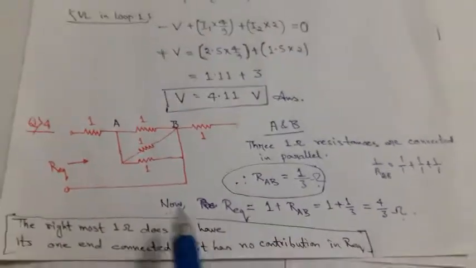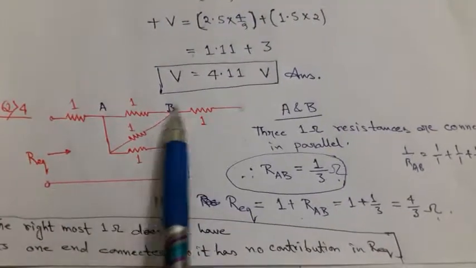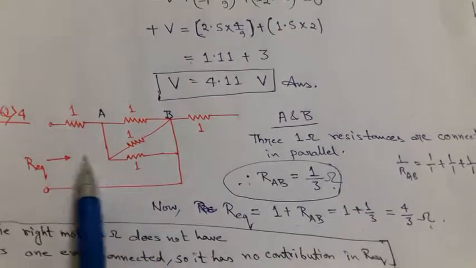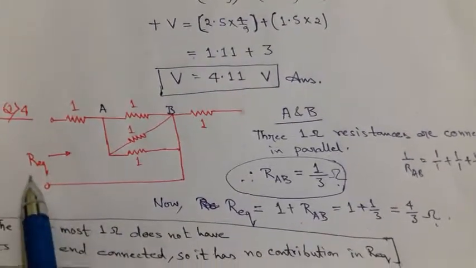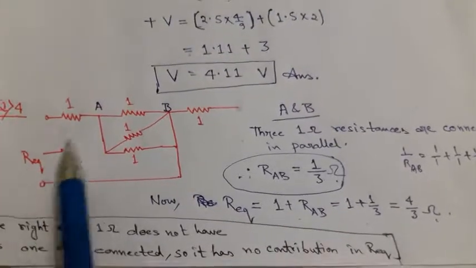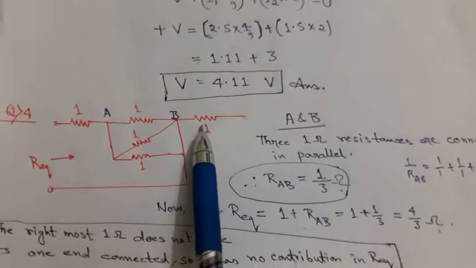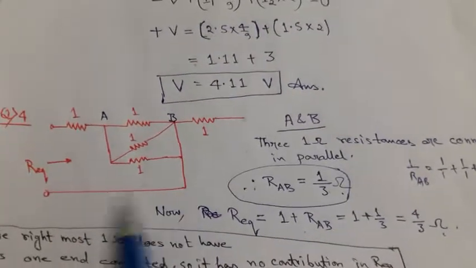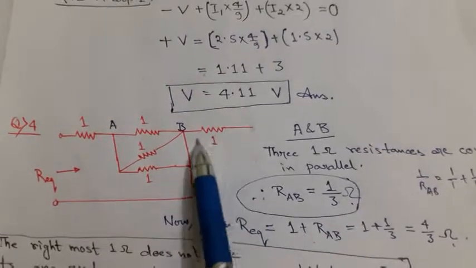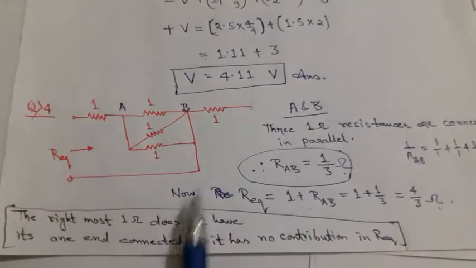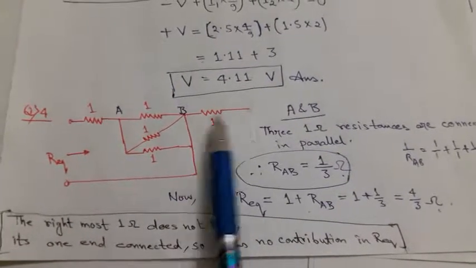Okay, so never get confused when this type of question is given in the examination, because you just have to focus on where this R equivalent is to be calculated. At first if you see, you might think that this is also a resistance here, but you don't have to bother with this resistance, because the rightmost 1 ohm has only one end connected.